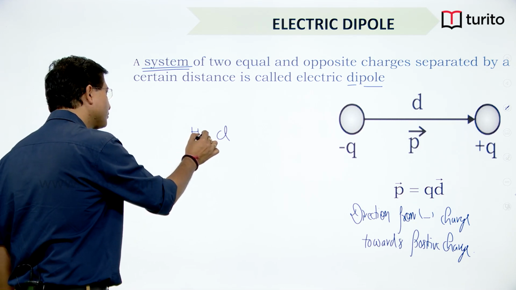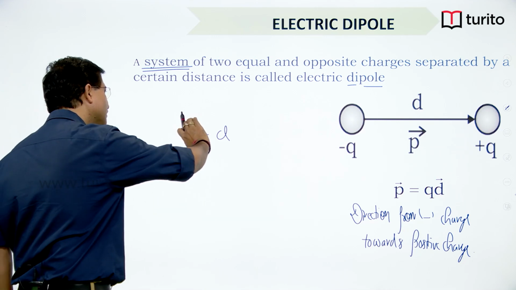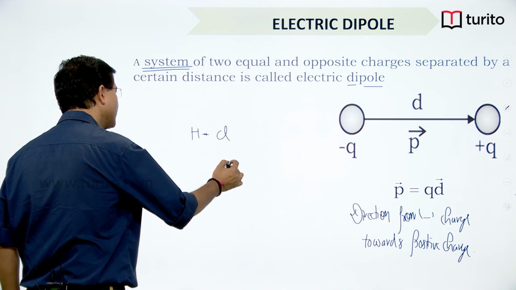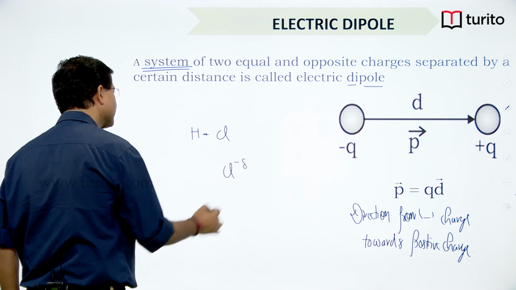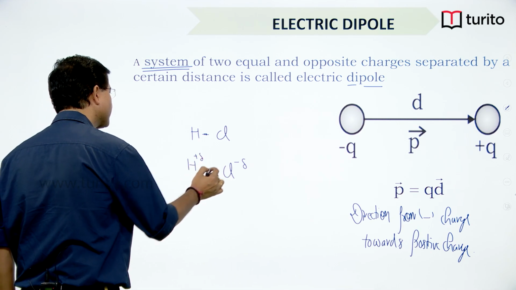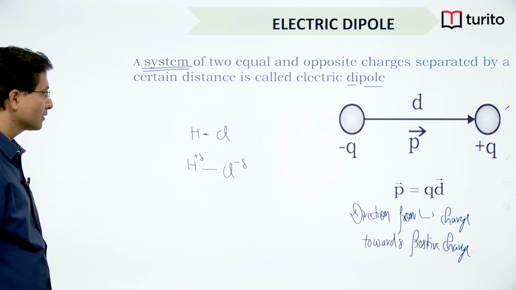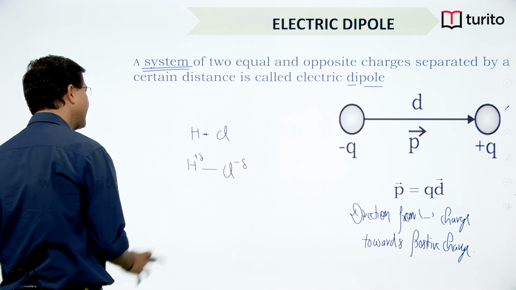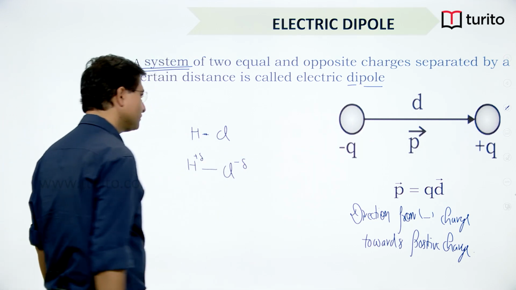So, these bond electrons will get shifted a little towards chlorine, right. So, chlorine will get a slightly negative charge and hydrogen will get a slightly positive charge, right. So, this whole thing behaves as a dipole.